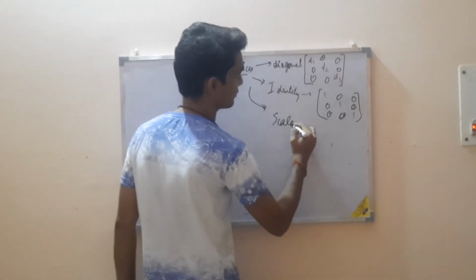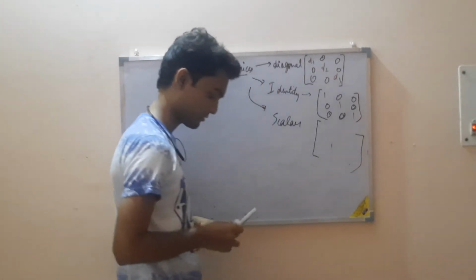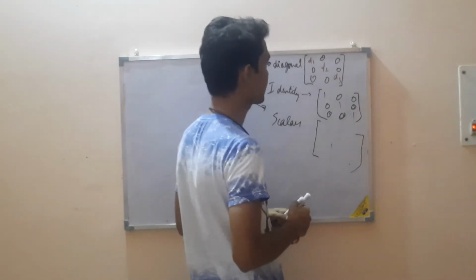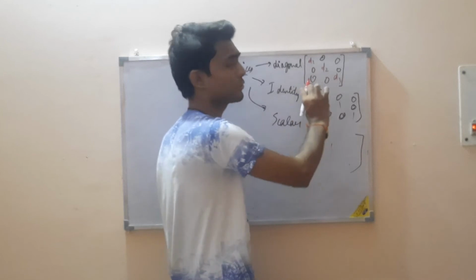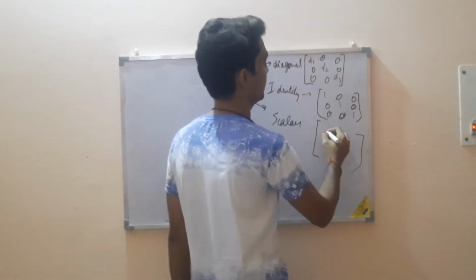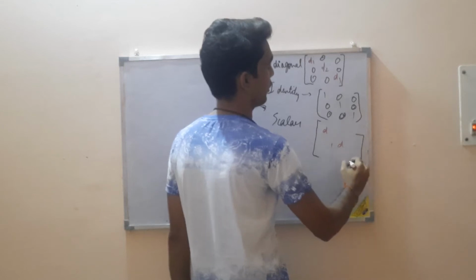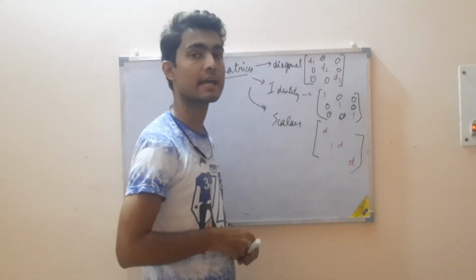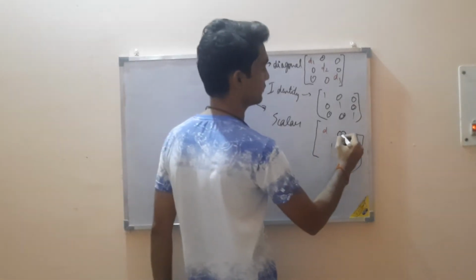Now scalar matrix. Scalar is again sort of similar to diagonal, but the difference is that all values at diagonal places are equal.